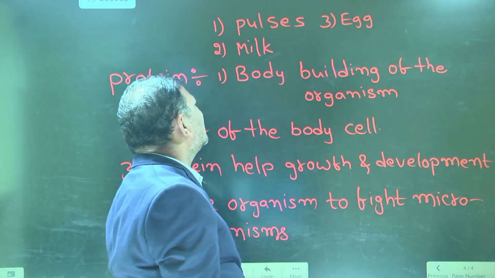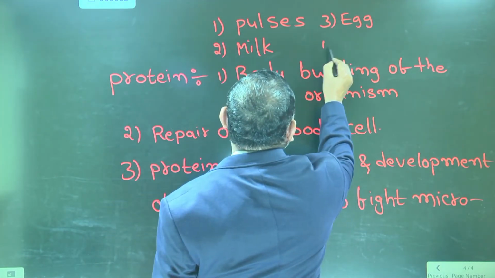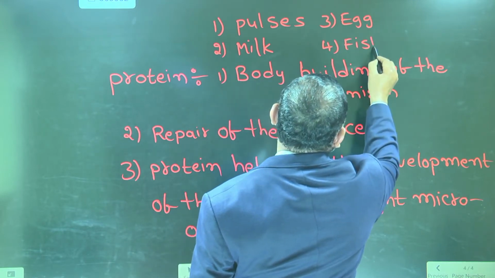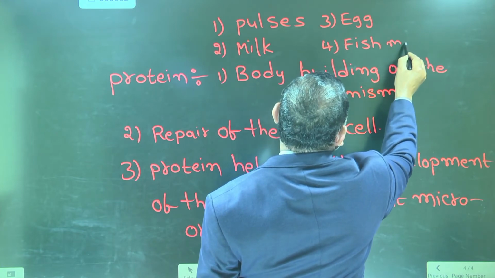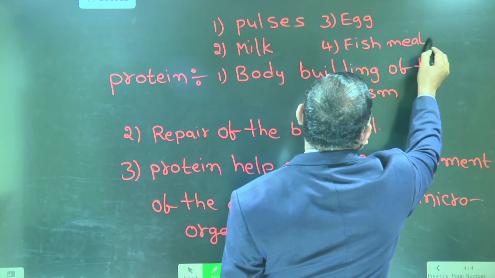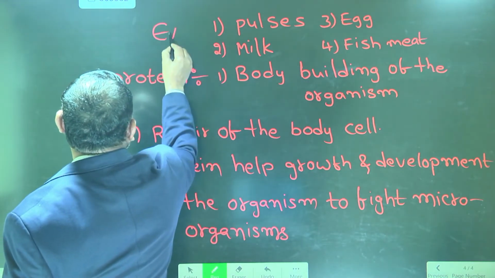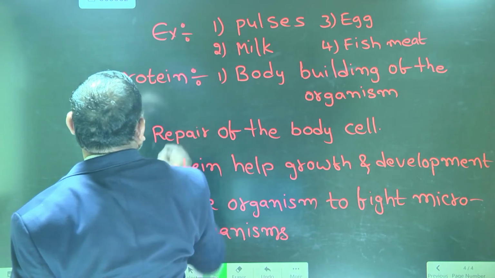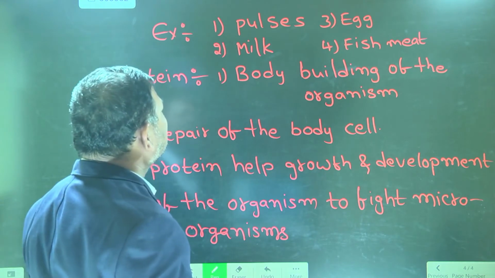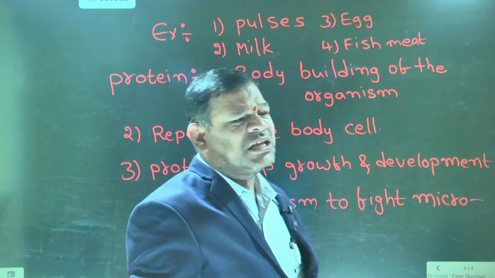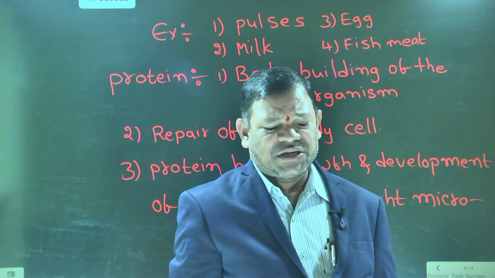Especially that is nothing but protein. Next, fish meat. So in these components, pulses, milk, egg, fish meat, generally proteins are present.